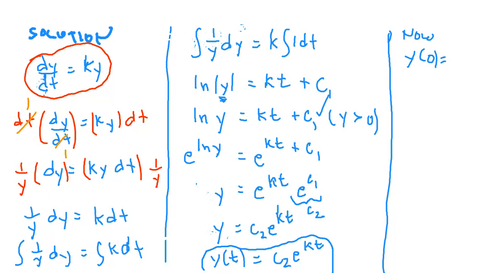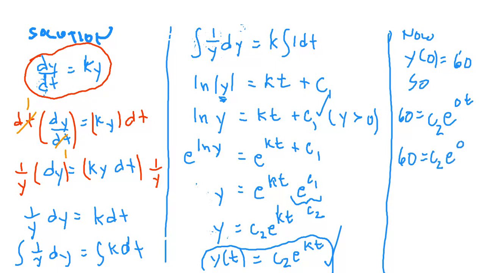That's right, Ange, 60. It's given in the problem. So that means that, using the formula, 60 would equal C2 times e to the power of 0 times t. So 60 equals C2 times e to the 0th power, but e to the 0th power is just 1.